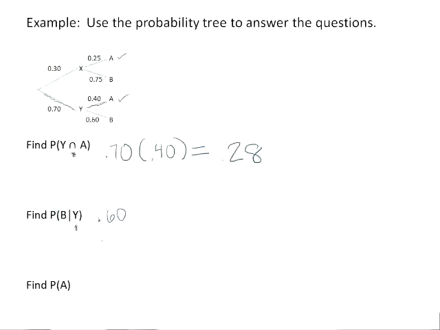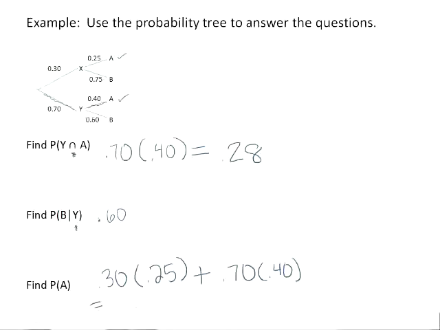For the top path, to get to A, we have a probability of 0.30 multiplied by 0.25. Then we're going to add that to the probability of 0.70 multiplied by 0.40. That's the path along the bottom to get outcome A.